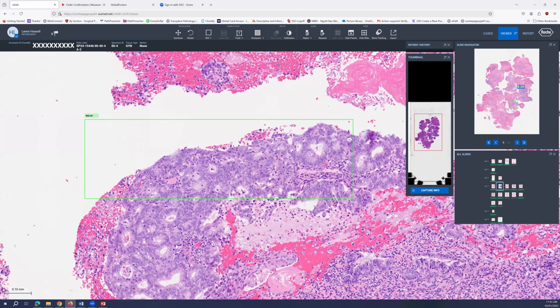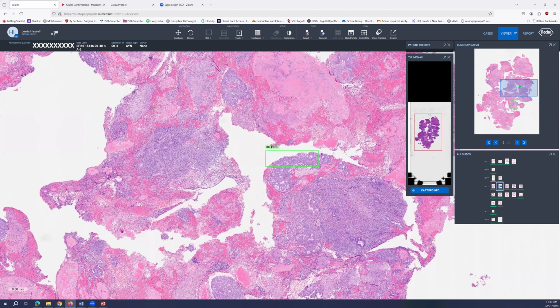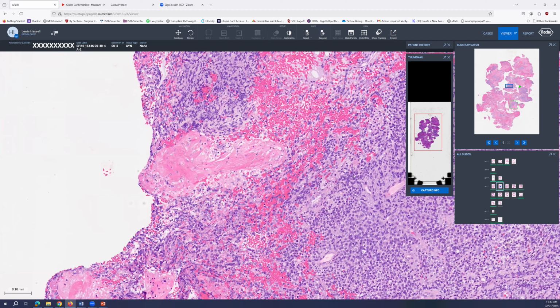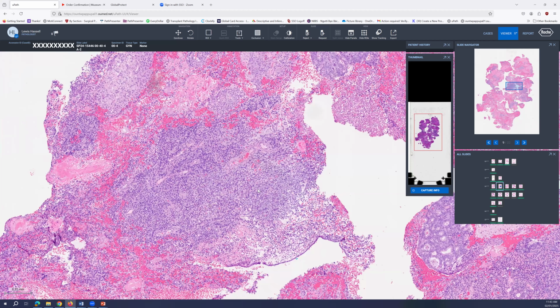Then looking around, we see there are areas where we have very pink material, which had a somewhat squamoid appearance, keratinizing. And there actually are quite a few of those, as well as some areas that look a little bit more like what we saw in the endocervical sample with higher grade sheets of malignant type cells.